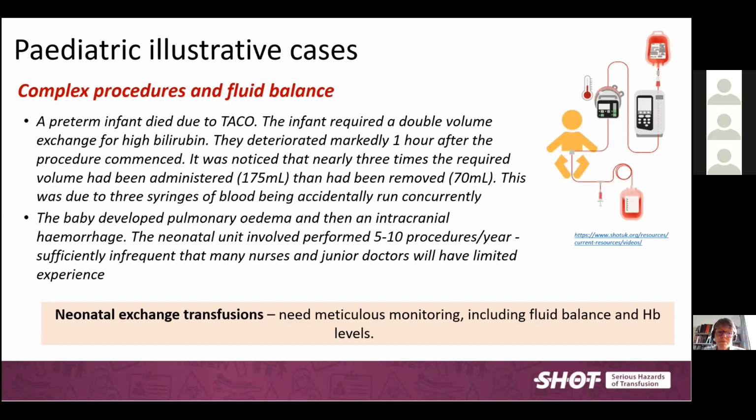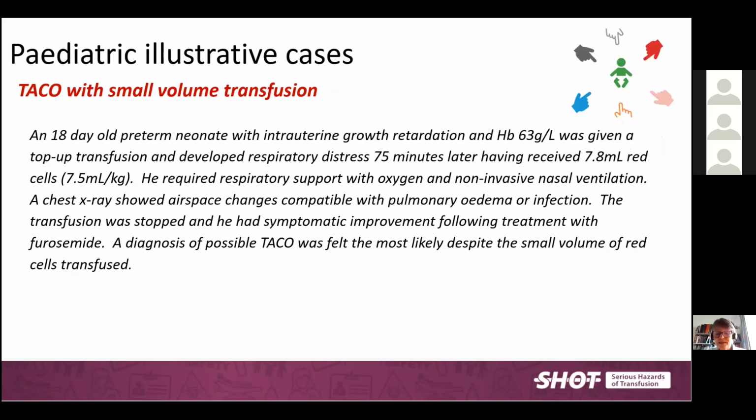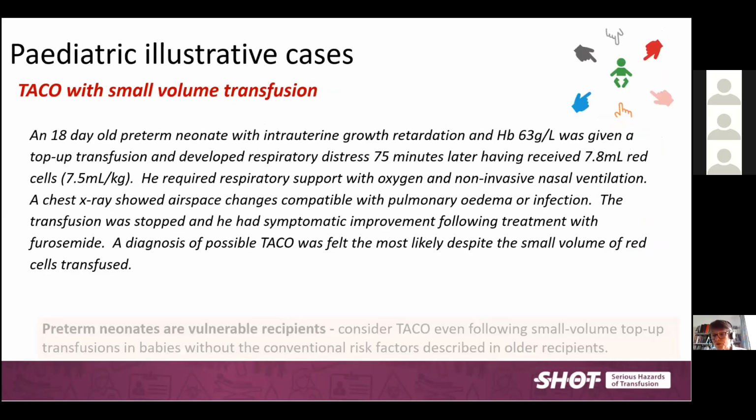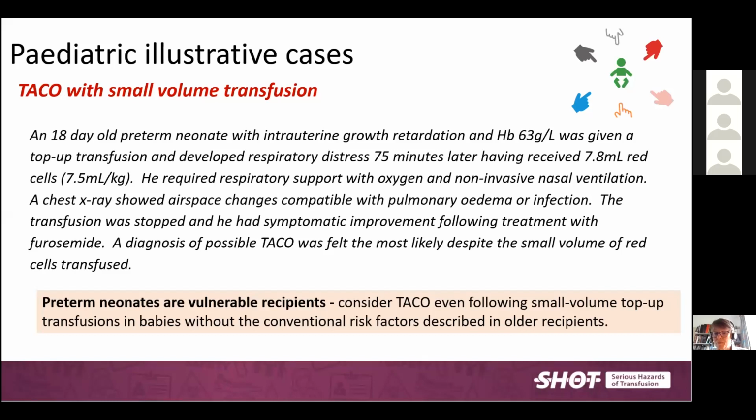Finally, pediatric TACO can still occur with small volume transfusions, illustrating that some of the patients are very vulnerable, and along with the messages that Sharon's been giving, it's very, very important to think about the underlying condition of the child.